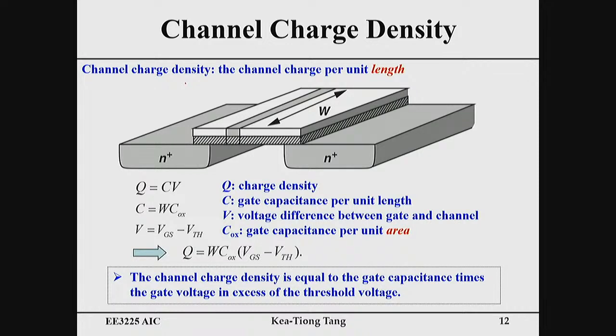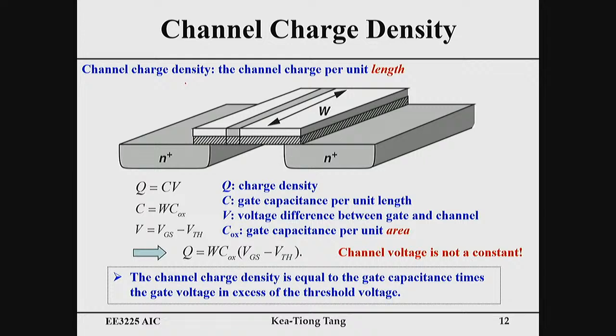However, we just mentioned that the charge density is different at different locations of the channel, because at different locations, the voltage across the capacitor is different. We need to keep this in mind. The channel potential is not a constant.